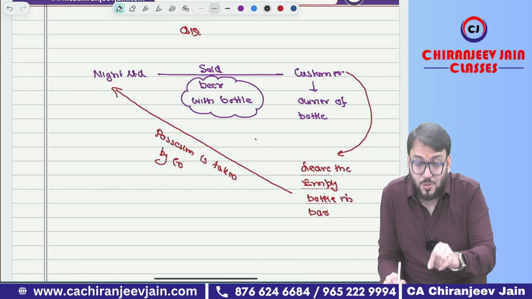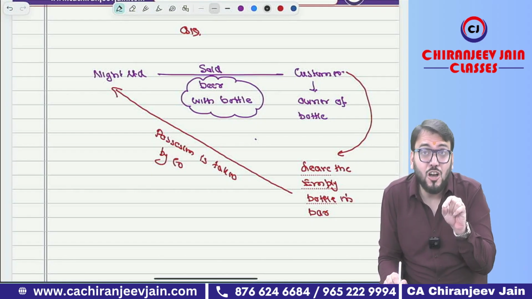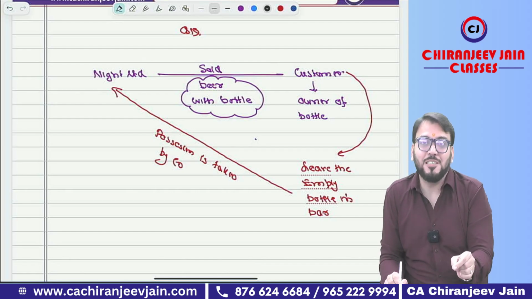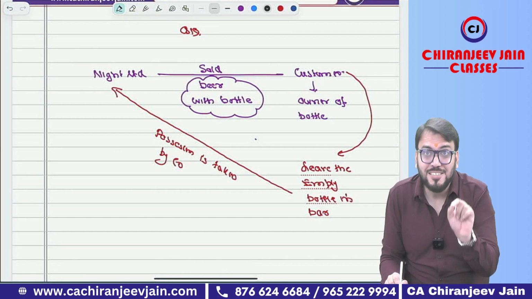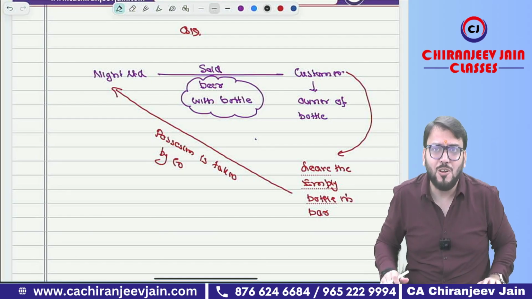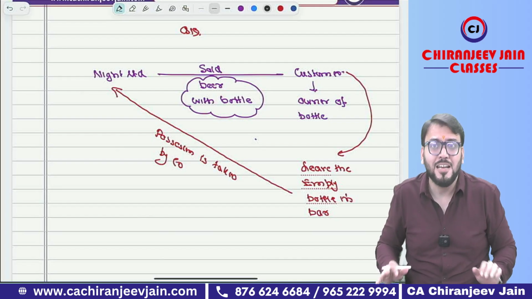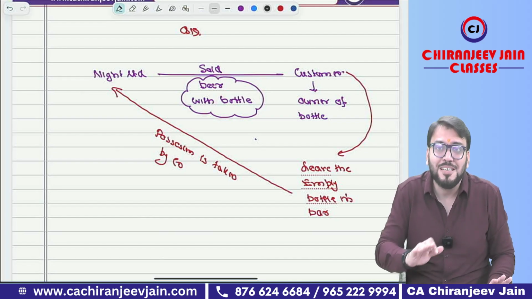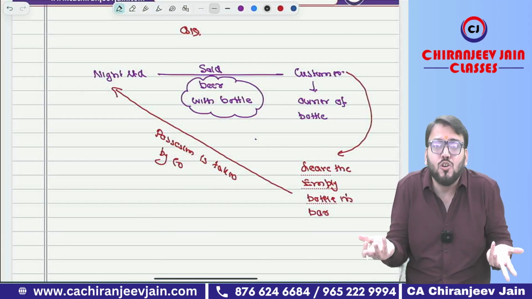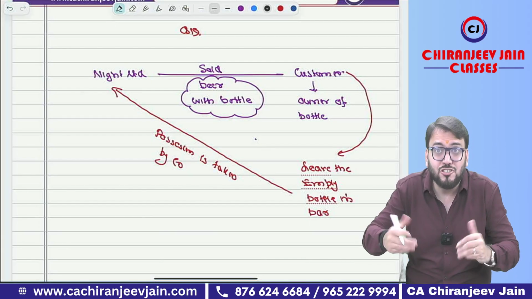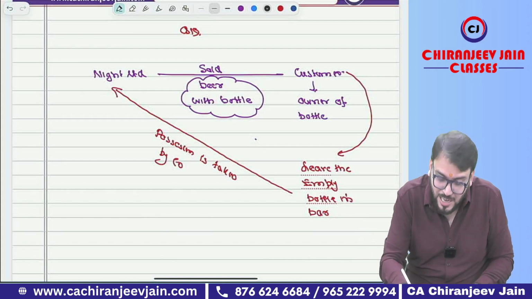Even though the empty bottle is not owned by Night Limited, it is under the control of Night Limited, because in the morning the customer will not come for the empty bottle. They will not demand, sir, please give me my empty bottle. It is impossible. Even if they come, Night Limited will say, I don't know. It is under the control of Night Limited. I hope you are understanding.